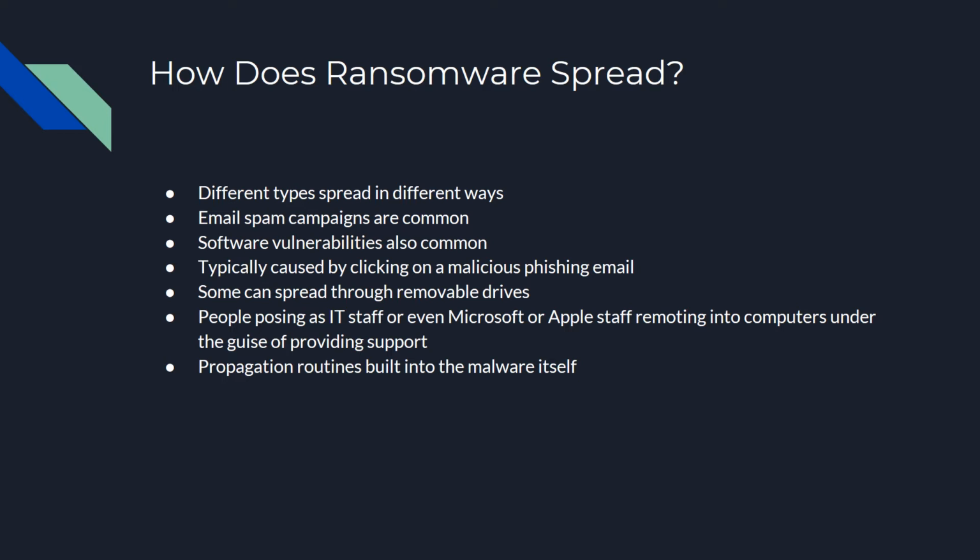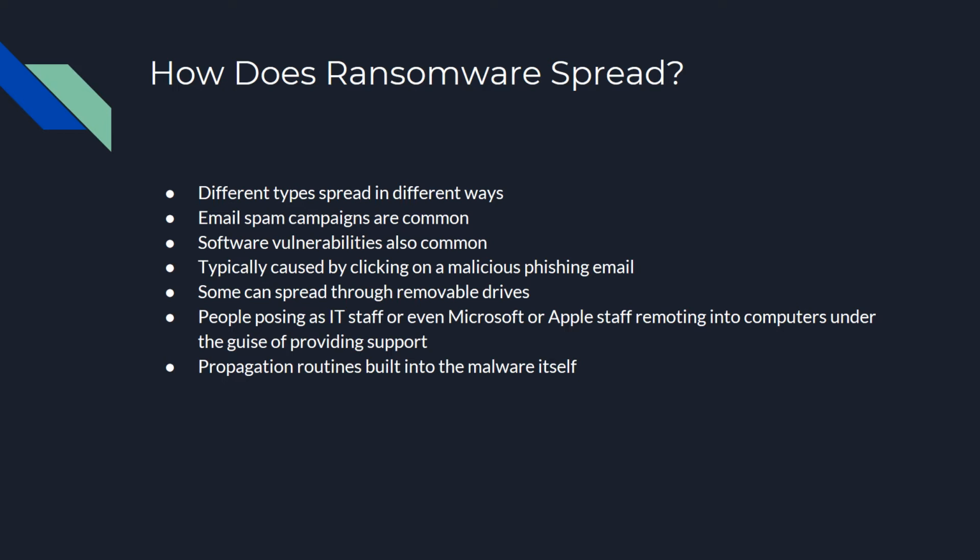Software vulnerabilities definitely are a common thing. SMB server vulnerabilities have propagated a lot of the big attacks in recent days. Not only that, but Dropbox, CCleaner, and other common applications have been known to carry these viruses almost like an adware type of thing that then turns into a ransomware attack.